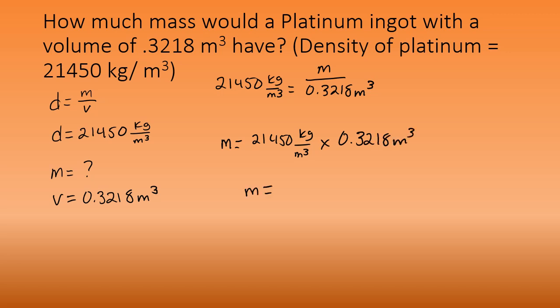The mass answer will then become 21,450 times 0.3218, 6,902.6. The units on that, the units of mass from the density value is kilograms. So our platinum ingot would have a mass of 6,902.6 kilograms.